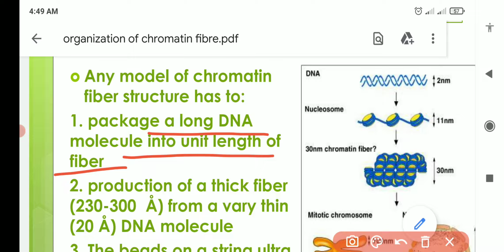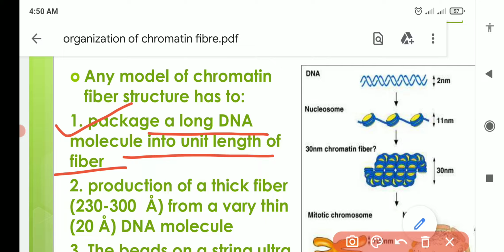So basically this organization of chromatin fiber tells how a very long DNA molecule is arranged into a smaller length by using coiling and supercoiling. Any model should describe how the packaging of the long DNA molecule into a smaller length takes place.